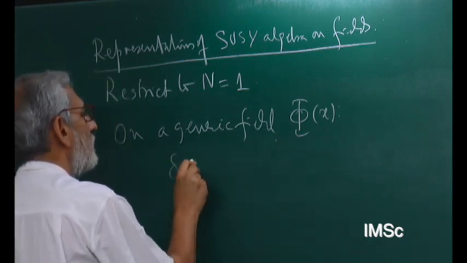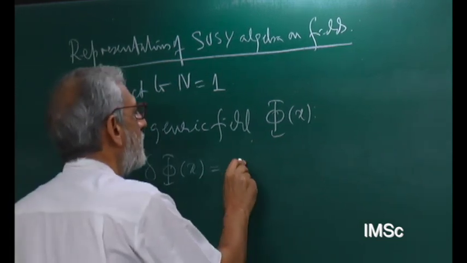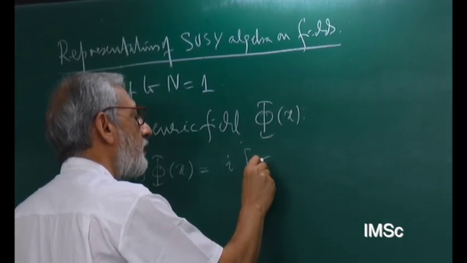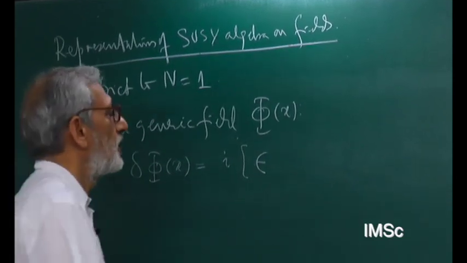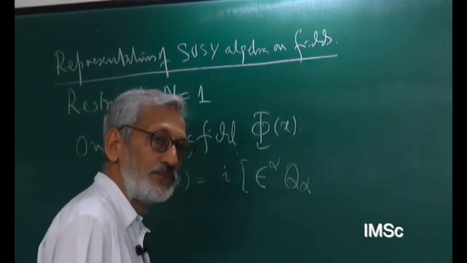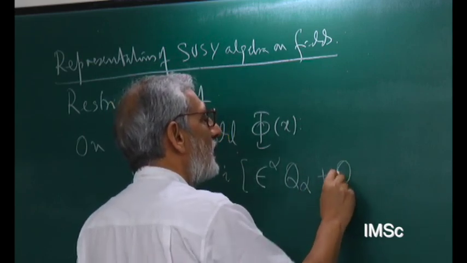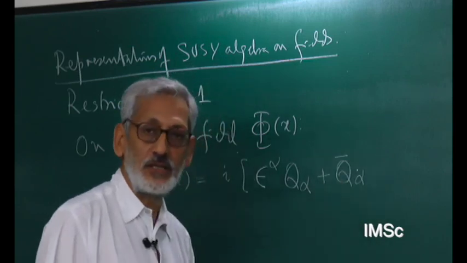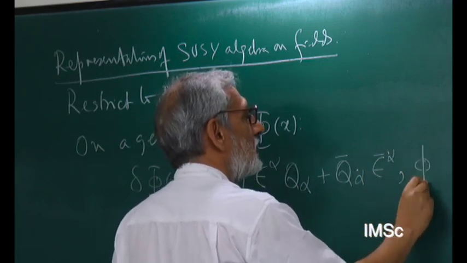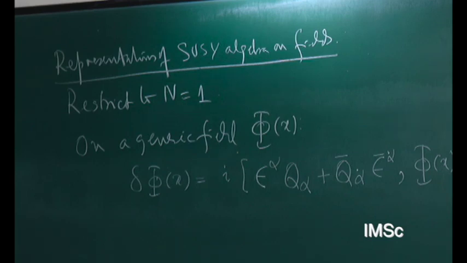It would change phi by an amount, we call it delta phi, and that would be i times the commutator of, let me introduce an object called epsilon, a spinor object epsilon alpha times Q alpha, where Q alpha is a supersymmetric generator, and Q bar alpha dot, its conjugate, times epsilon bar. Is there a minus there? No. Okay.